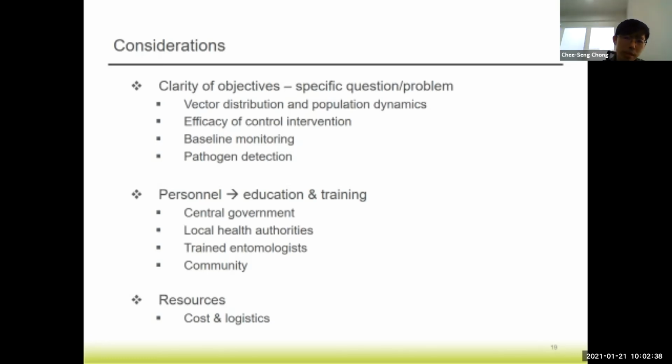I know some countries have involved school children to be part of surveillance as well. These are some of the things that countries can think of. And there are always insufficient resources, so the cost available and the logistics needed will really shape the surveillance program and how extensive it will be.